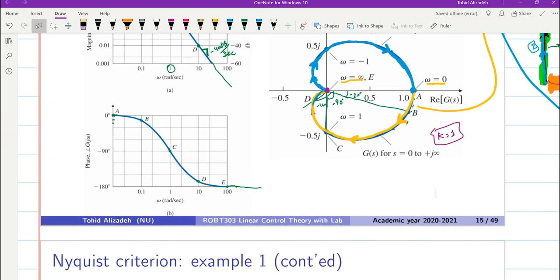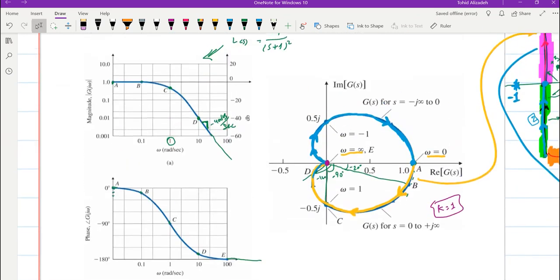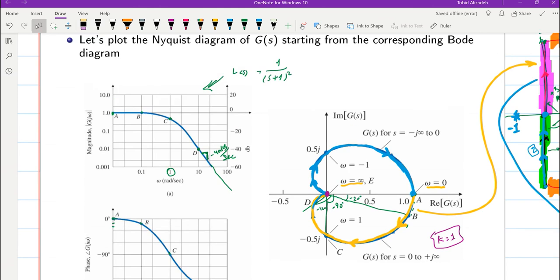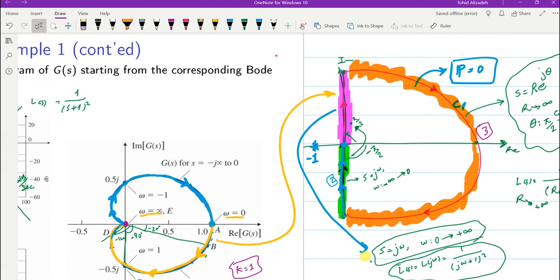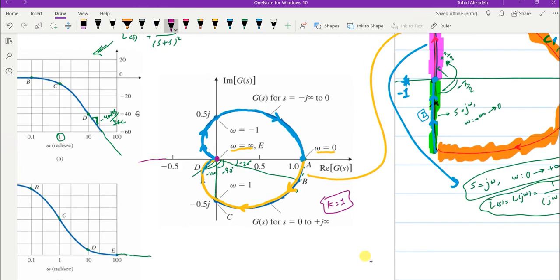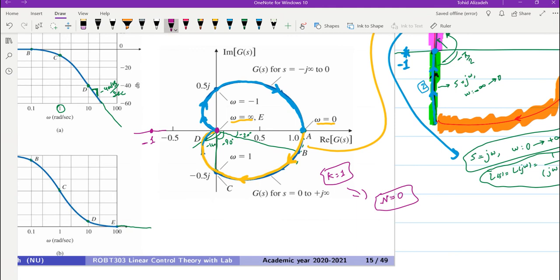We can try to see whether the closed loop system is stable or not. We already know that P is equal to 0. Now, if we consider the Nyquist plot that we have obtained, and we check the encirclement around the point minus 1, we can say that N is equal to 0 as well, because there are no encirclements of the point minus 1.